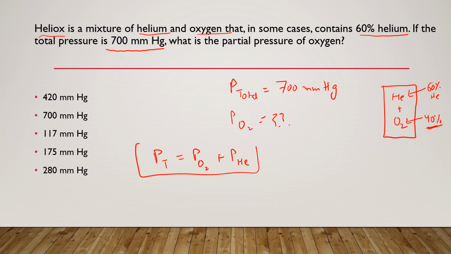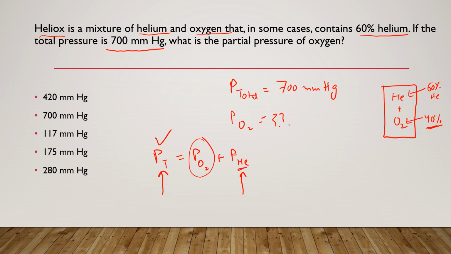But the problem is we don't even know the partial pressure of helium. If we can figure out the partial pressure of helium, then we can plug in the value of helium, plug in the value of total pressure, and we can figure out the value of the partial pressure of oxygen. So let's see if we can calculate the partial pressure of helium.